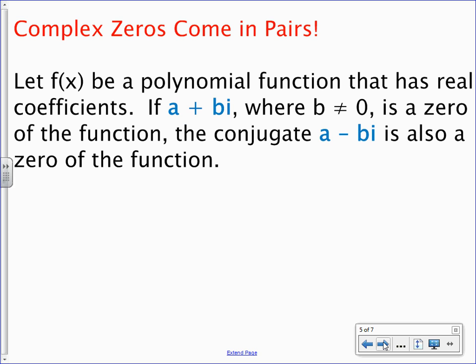Anytime you get a complex zero, it will come in conjugate pairs. If you have an imaginary zero, its complex conjugate is also a zero.